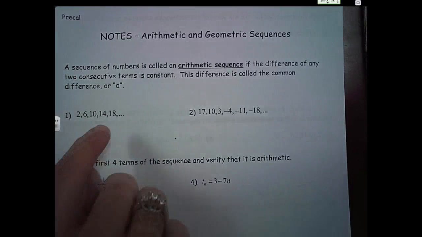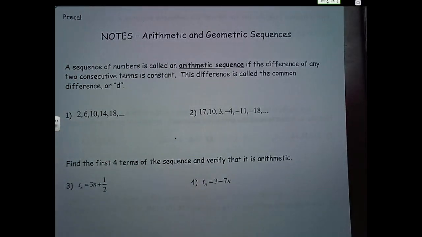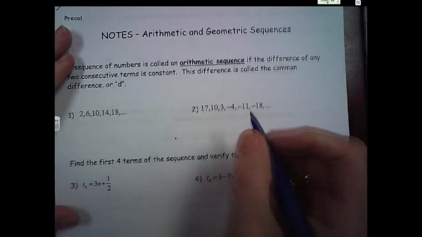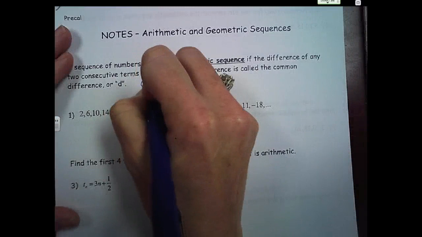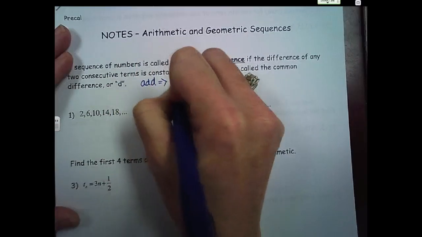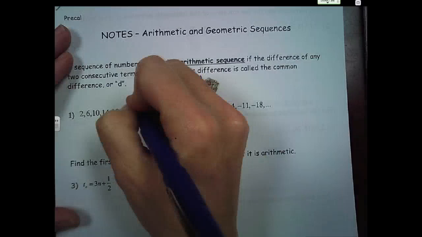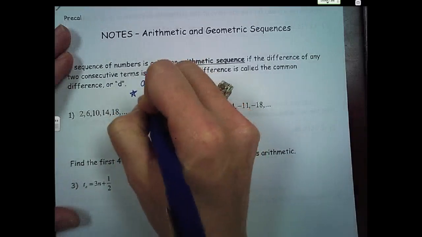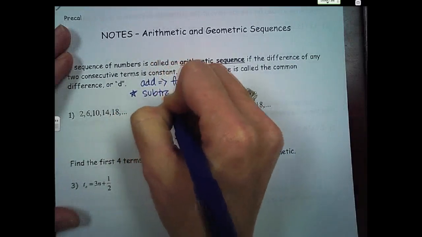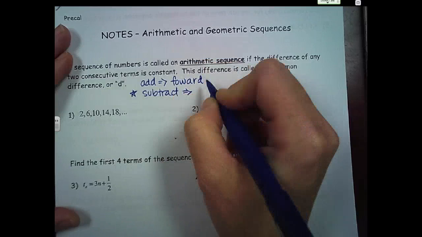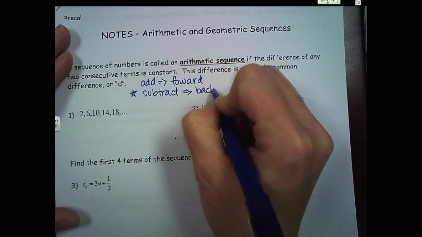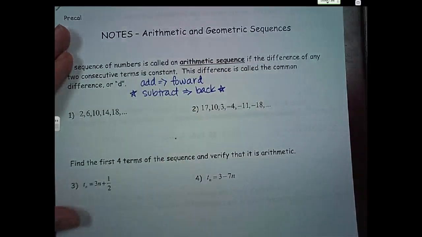So the way you find d depends on which direction you want to go. If you want to add, you can go forward that way. But in my opinion, it's easier to go backwards and subtract. This is, in my opinion, the easiest.